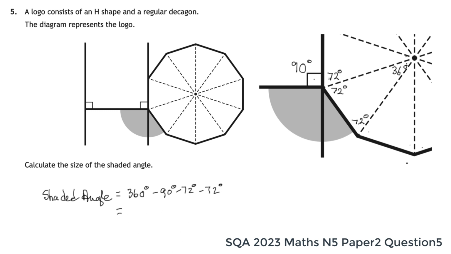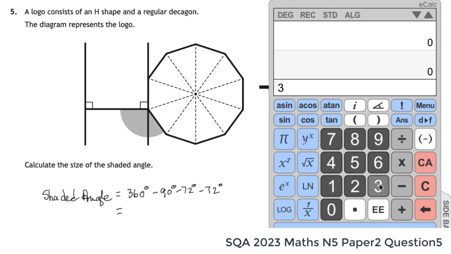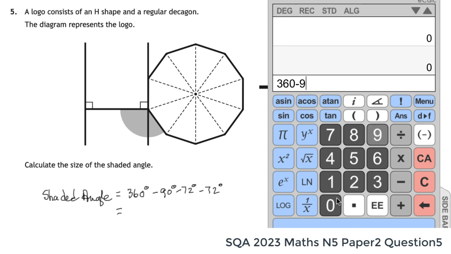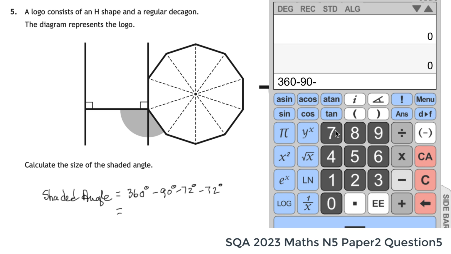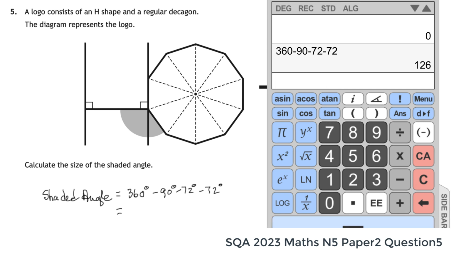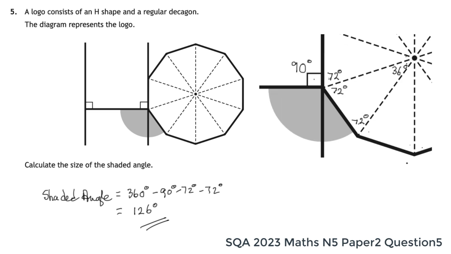So let's see what that comes to. If you don't trust your mental arithmetic, then use your calculator. And that's 72, and let's take another 72 away. What does that leave us? 126 degrees left for the shaded angle.